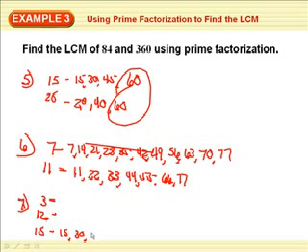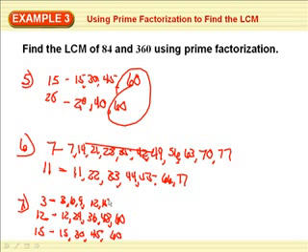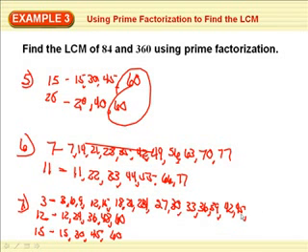15, 30, 45, 60, 12, 24, 36, 48, 60, 3, 6, 9, 12, 15, 18, 21, 24, 27, 30, halfway there, 33, 36, 39, 42, 45, 48, 51, 54, 57, 60.